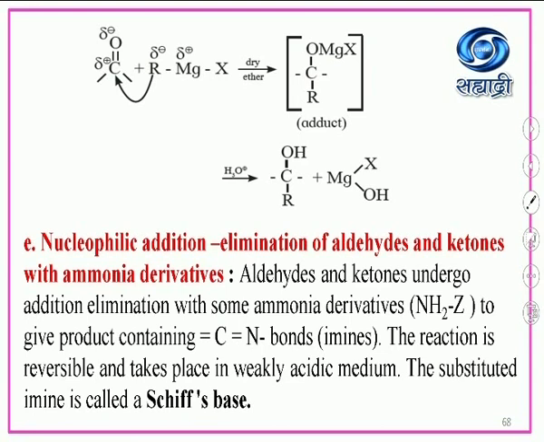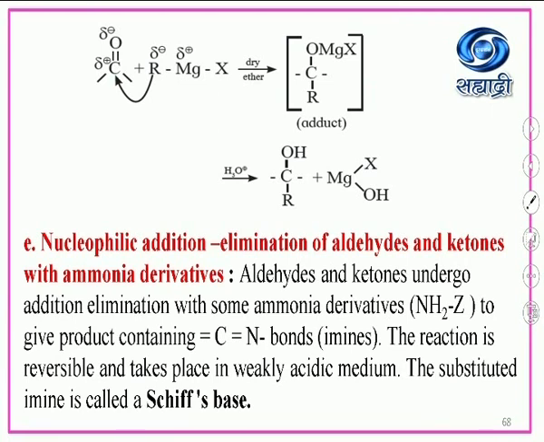You will observe that in the Grignard's reagent, R, the alkyl group, carries the negative charge, the magnesium metal carries the positive charge and the halogen carries the negative charge. The carbonyl carbon carries the positive charge, so that alkyl group R attacks the carbonyl carbon.